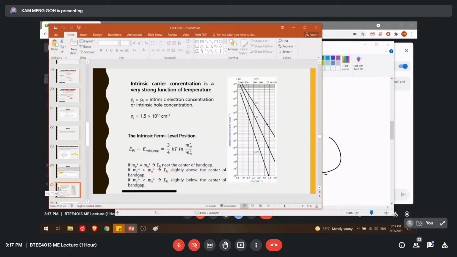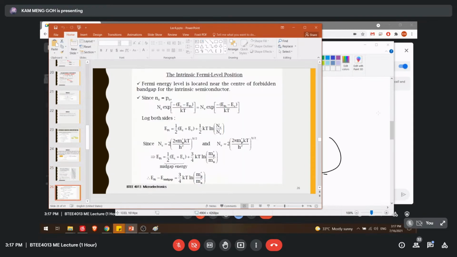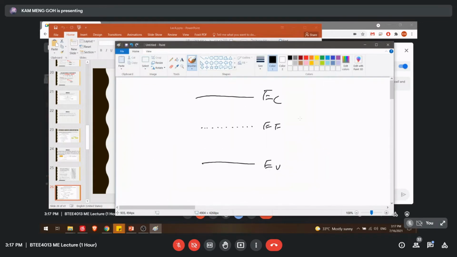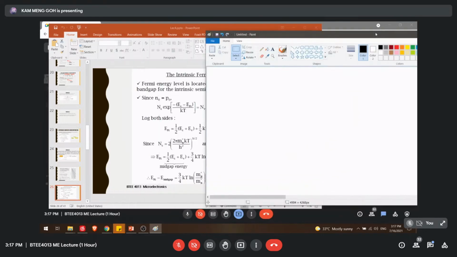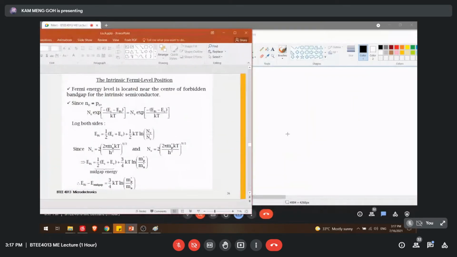So right now, we need to consider the intrinsic Fermi energy level. Okay, let me delete all this. Okay, get back to the slide. The Fermi energy level is located near the center of the forbidden band gap energy.